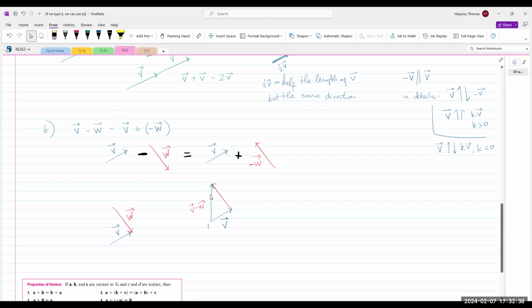Okay, so let me grab that guy, copy that, paste here. Now, see, it matched, right? So we can express the subtraction of two factors also pictorially like this.